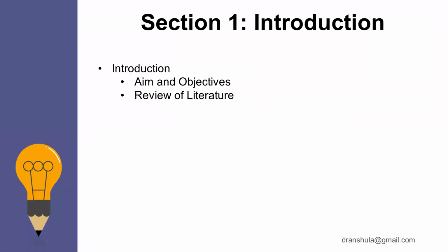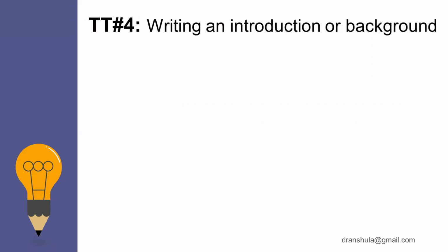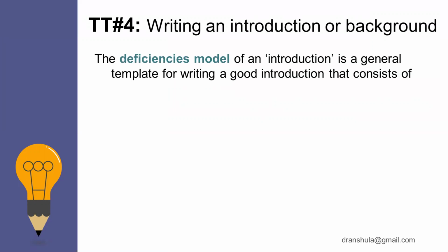Let us come to section 1, which is introduction. So mostly introduction in research writing consists of aim and objectives and review of literature. Now when you are writing an introduction or background, the deficiencies model of an introduction is a general template for writing a good introduction that consists of 5 parts. So let's see what are these 5 parts.